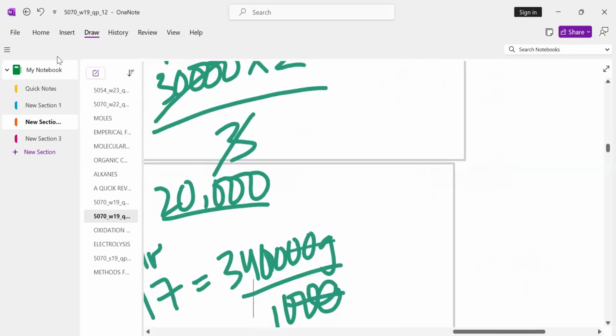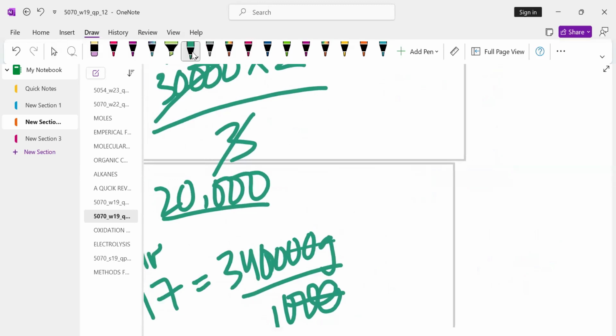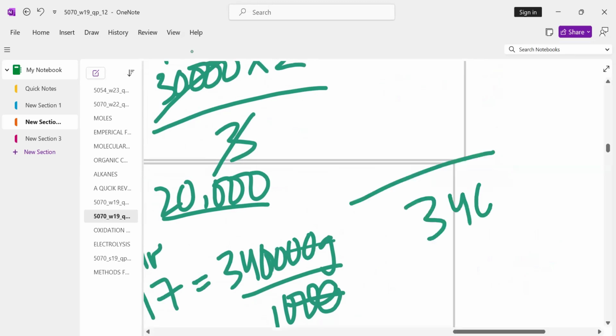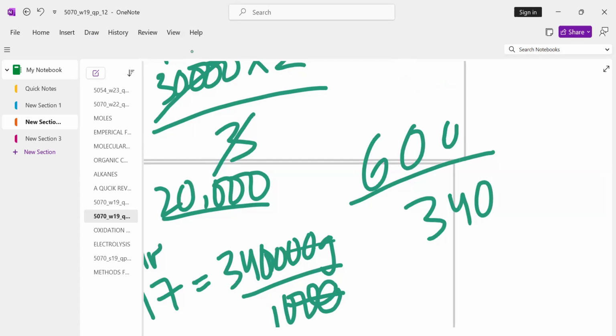Okay, now what you have to do is use the formula of the percentage yield, which is actual yield divided by theoretical yield into 100. The theoretical yield you found is 340 and the actual yield was 60, into 100.